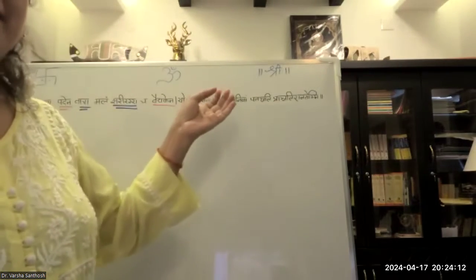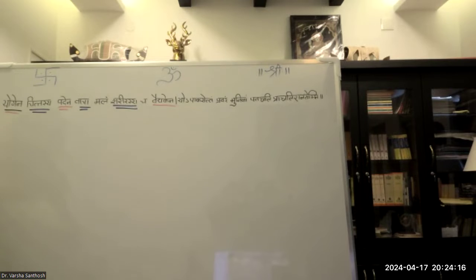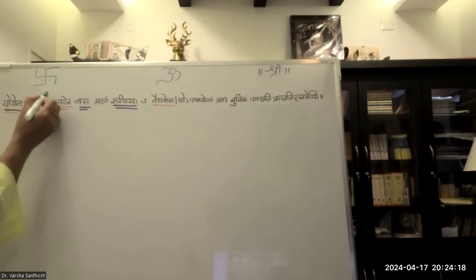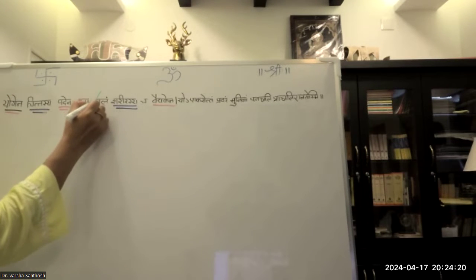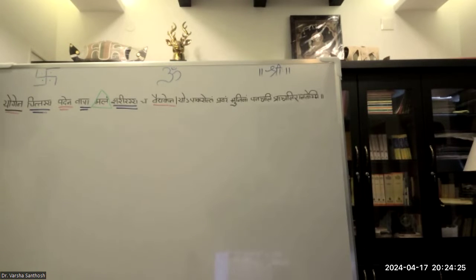Who? What has he removed? He has removed chittasya malam. This malam we are going to take for everything. The impurities which are in the mind, he has removed by means of yoga.